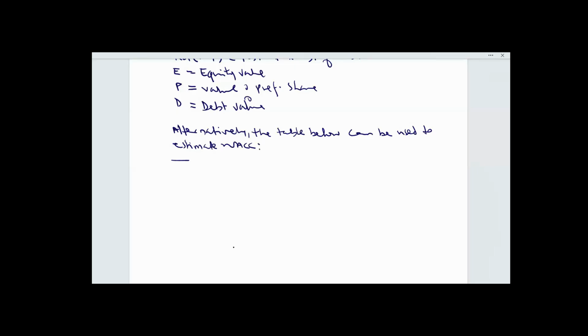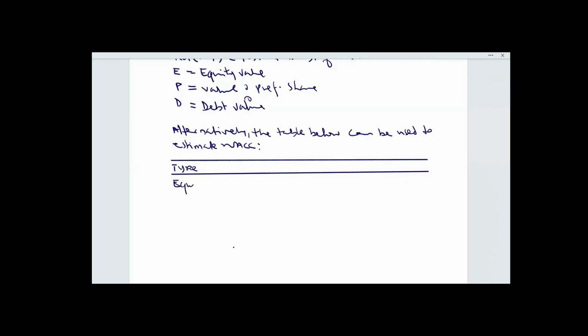Okay. So let's say we have the three of them in the capital structure. This should be the type of the security in the capital structure. We have equity, preference share, then we have debts in form of bonds, debenture, or loan notes.